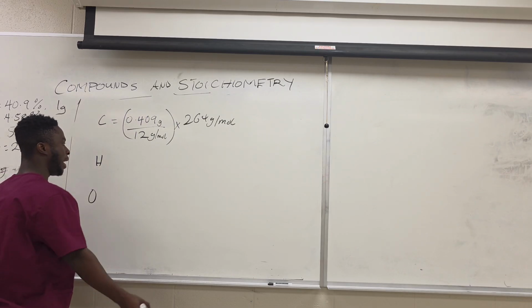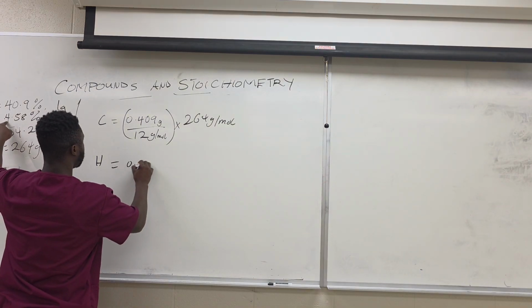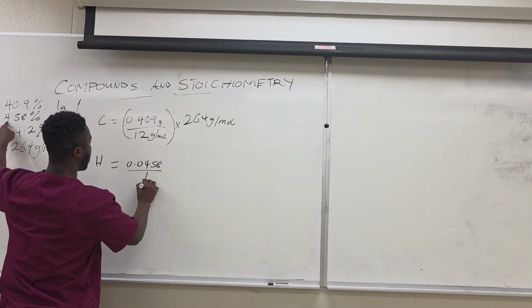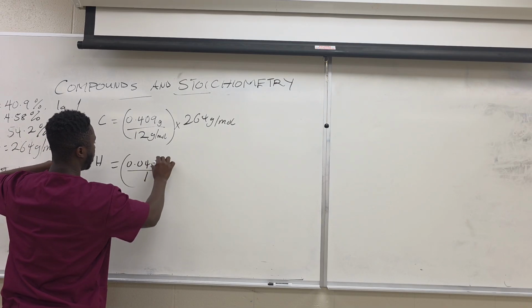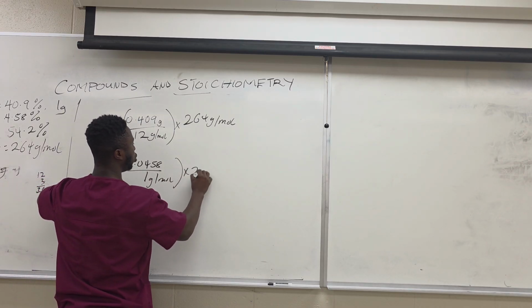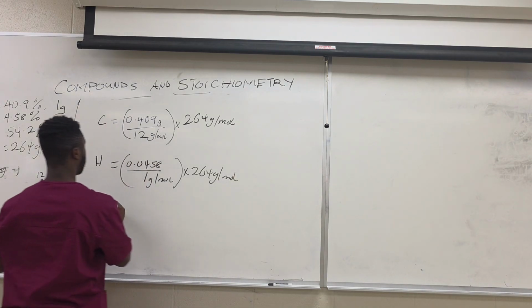Now I'll do the same for hydrogen. So it's going to be 0.0458 divided by 1 gram per mole, multiplied by 264 grams per mole. Same thing for oxygen.